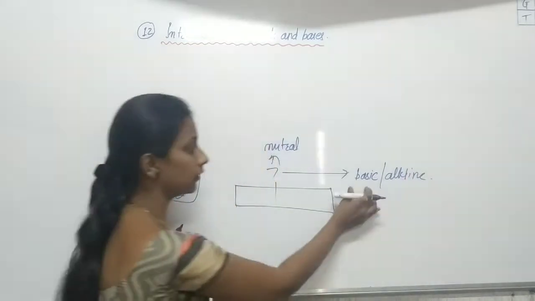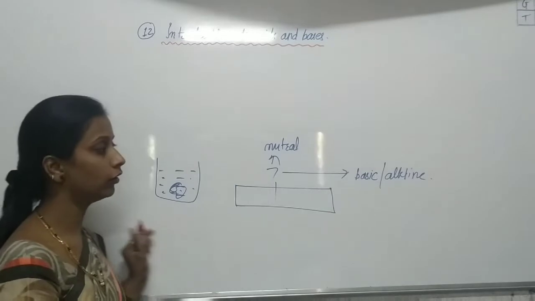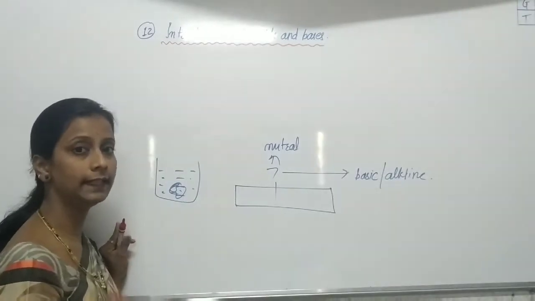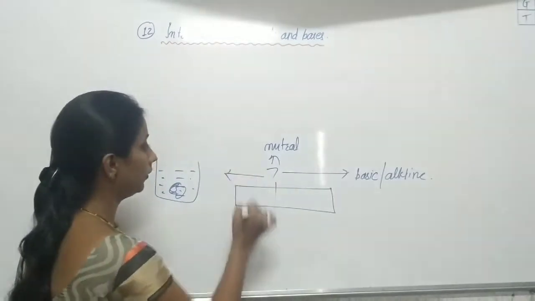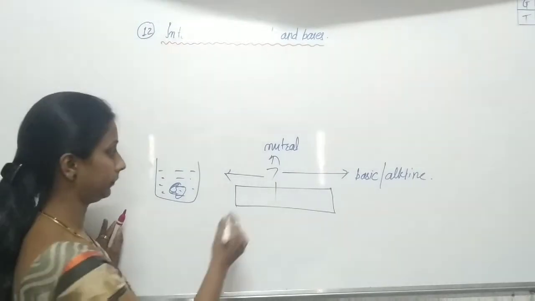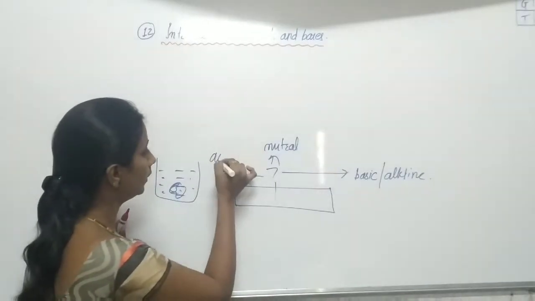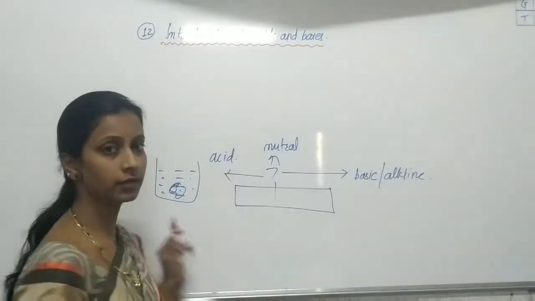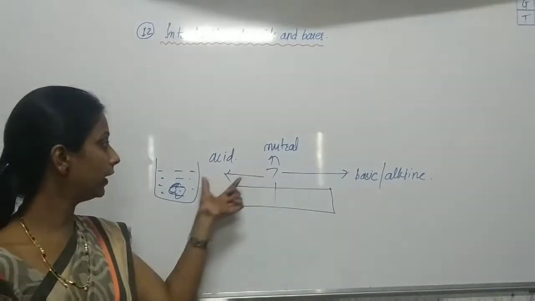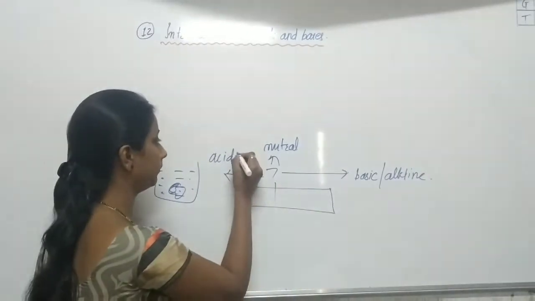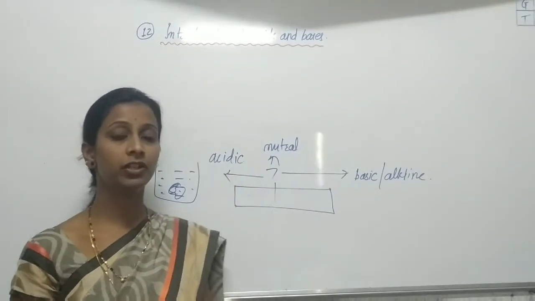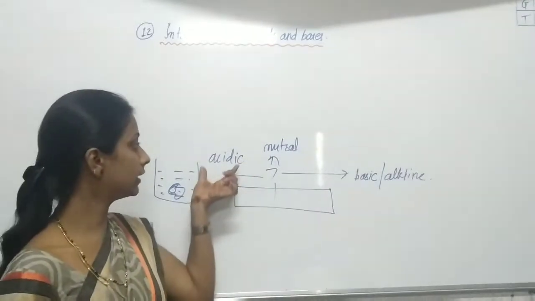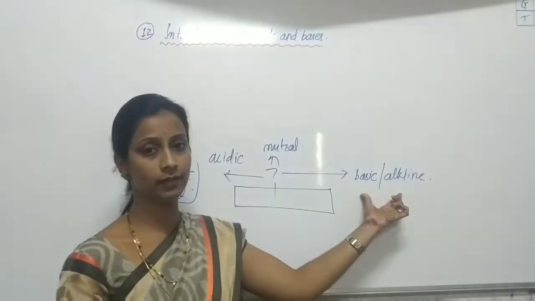Basic is also known as alkaline, and bases are also called alkali. When the pH is below 7, the substance is acidic. In this way we can check whether the soil sample is acidic, neutral or basic.